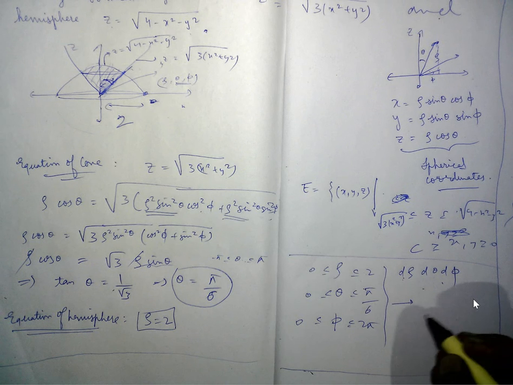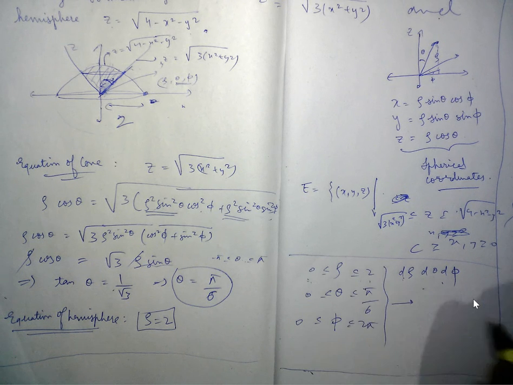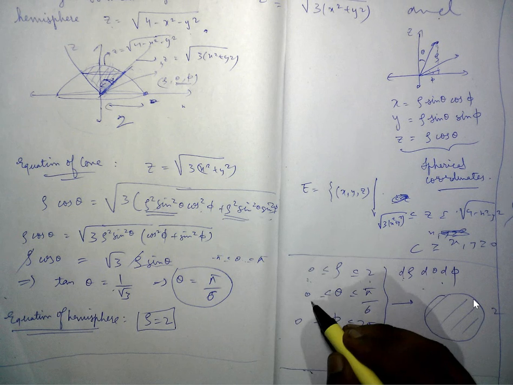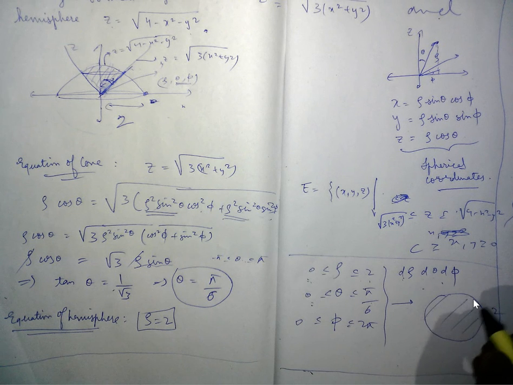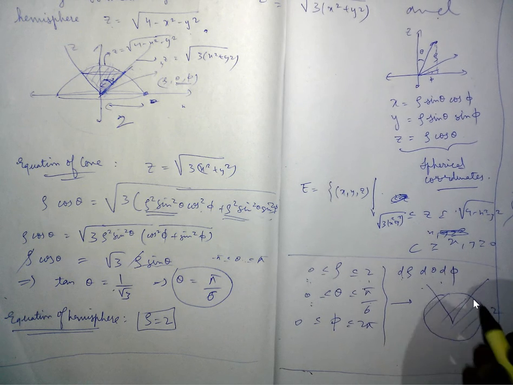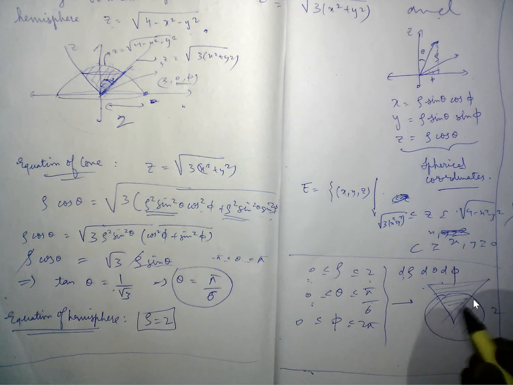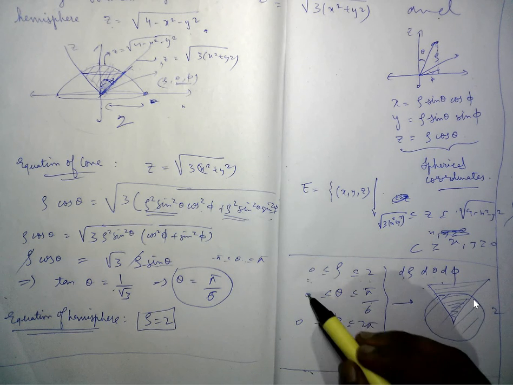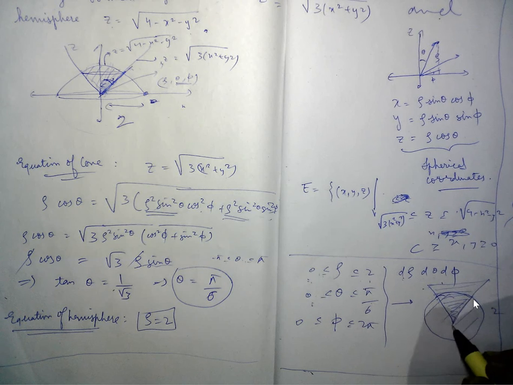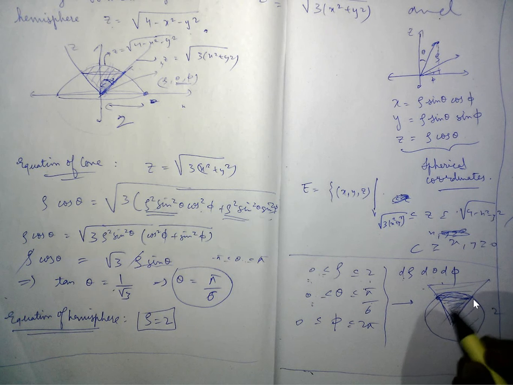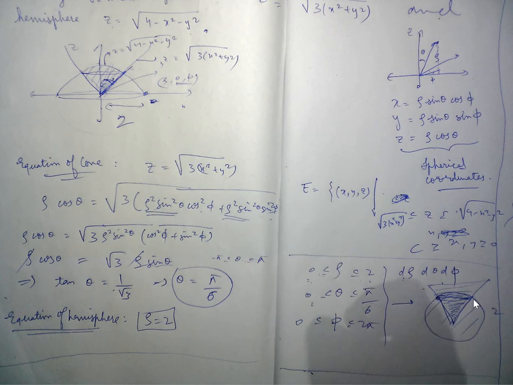Rho between 0 and 2 will give us the whole sphere of radius 2. Theta equal to pi by 6 corresponds to this cone, so theta between 0 and pi by 6 will give us this whole solid cone. When you intersect both of these regions, you get this whole part, including this part of the sphere and this part of the cone. And phi between 0 and 2 pi is basically phi being unrestricted.